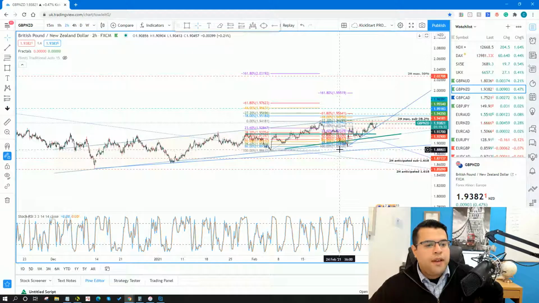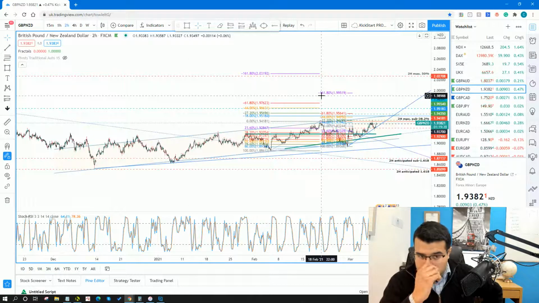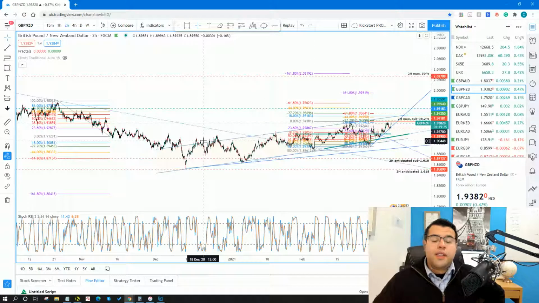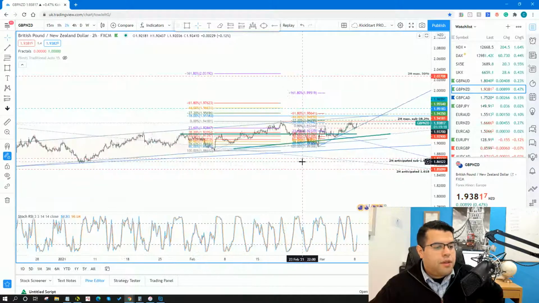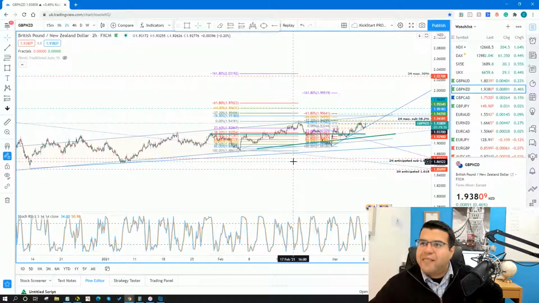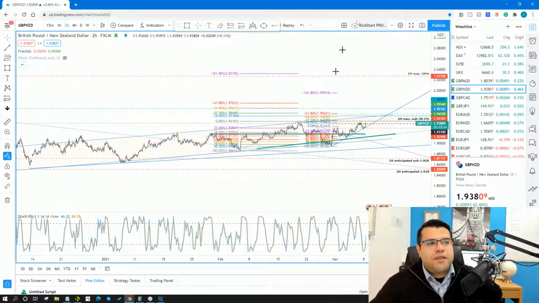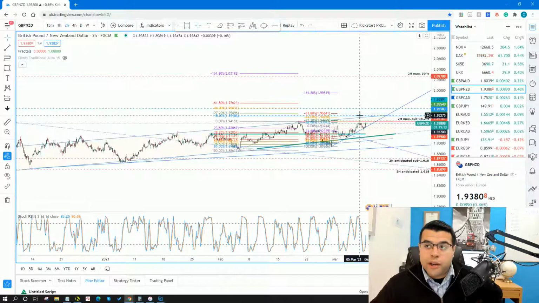Even as this ranges back and forth, the overall direction is to the north. It is an upward bias channel. And so we don't want to go against that. We want to go with that as long as that's the way the market's still going.